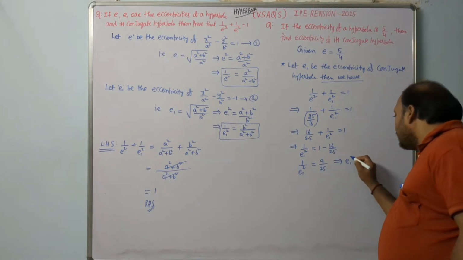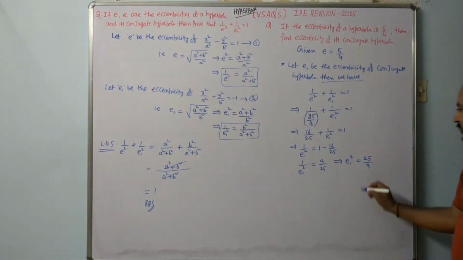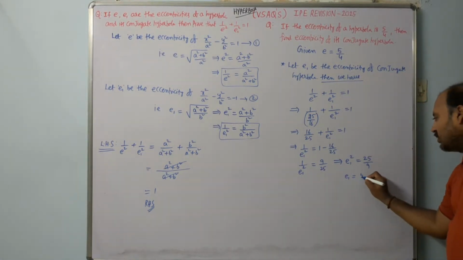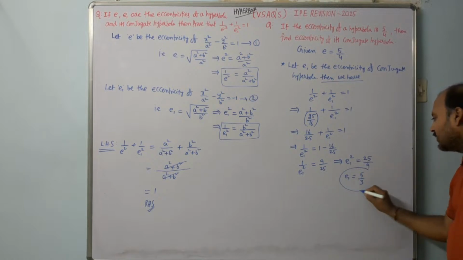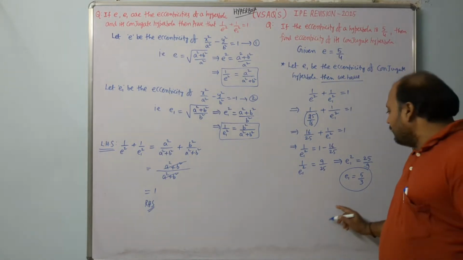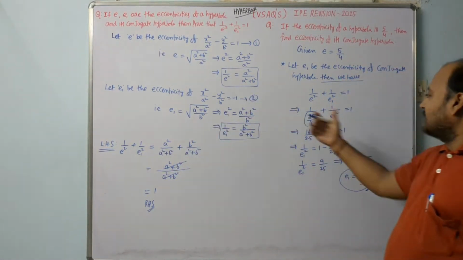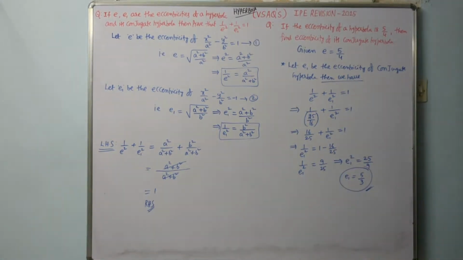That implies that E1 square equal to 25 by 9. So E1 is equal to 5 by 3. Therefore, the eccentricity of conjugate hyperbola is E1 equal to 5 by 3. So this is the application of this concept, dear students. We'll move to another set of questions.